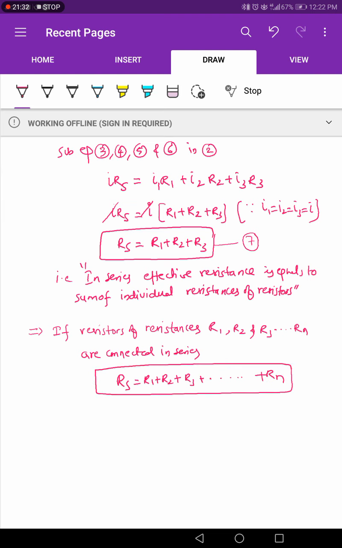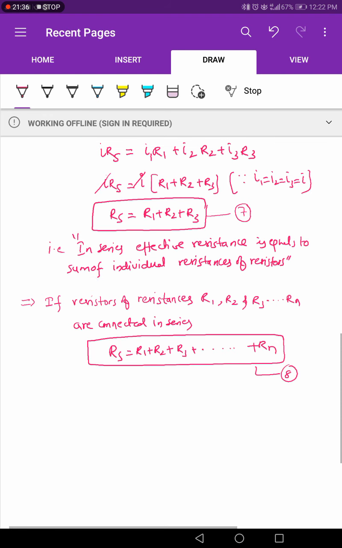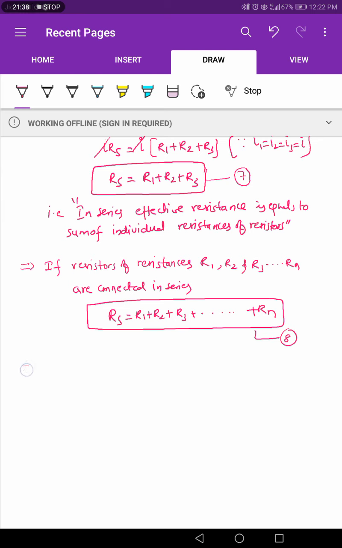Next, for suppose if n number of equal resistors, each of resistance capital R, that means we have n number of resistors, each resistance is the same.